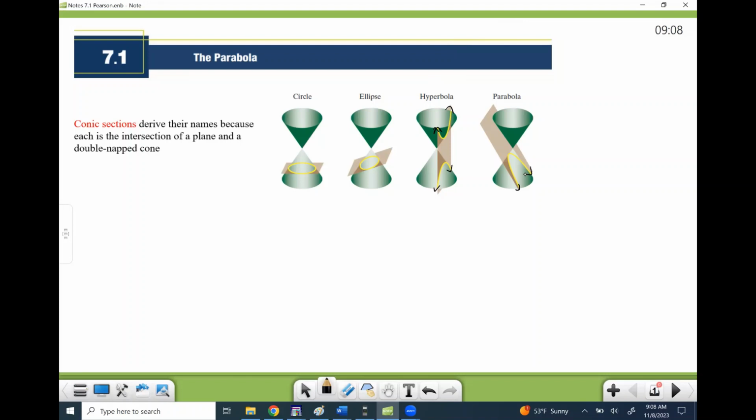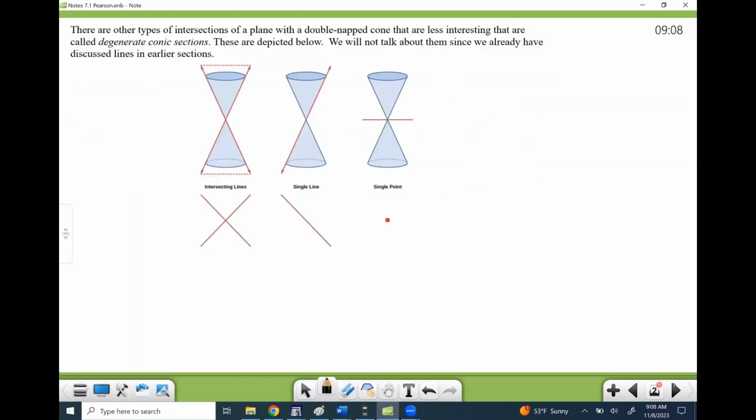Okay. Now we get some other cross sections when we slice through a double napped cone. They're boring, to be quite honest. So these are called degenerate conic sections. If we sliced like straight down, it doesn't show the plane here, but imagine you're slicing it from above in half. So the plane would look something like this. Okay.